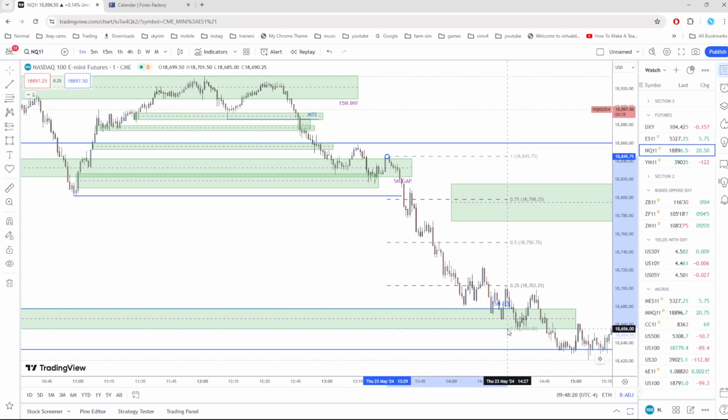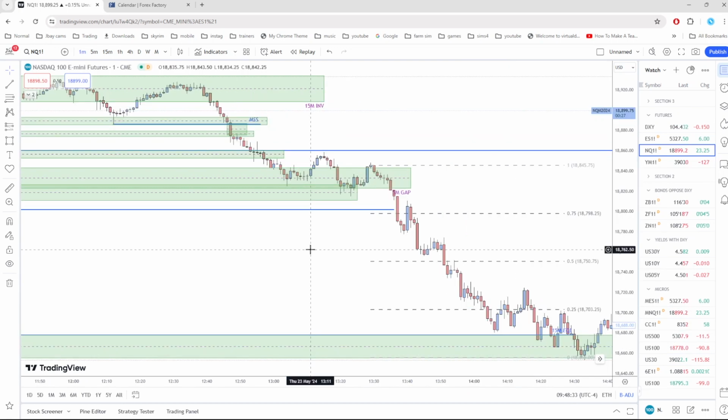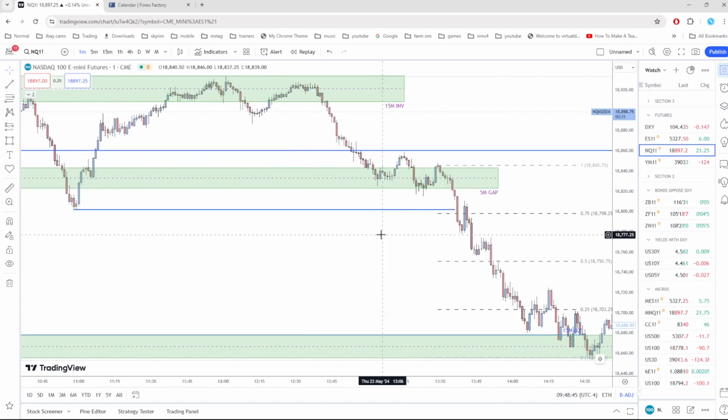But we could pull it down to the low of that fair value gap. Just ignore this level here. That's not going to be used in our example. So again, we have that 5-minute gap, and this is just a 1 minute. We can just delete this. It's not of significance for us for now.